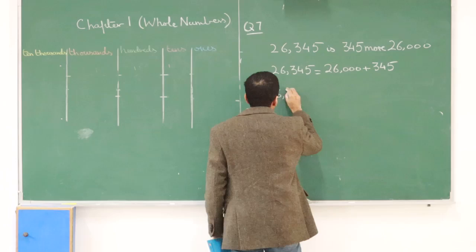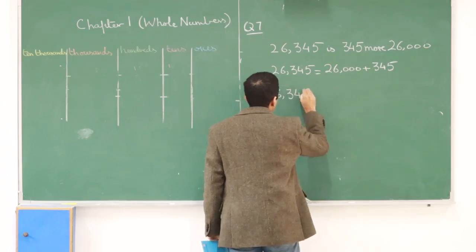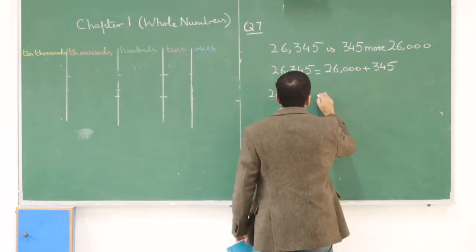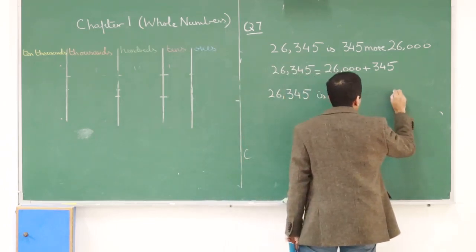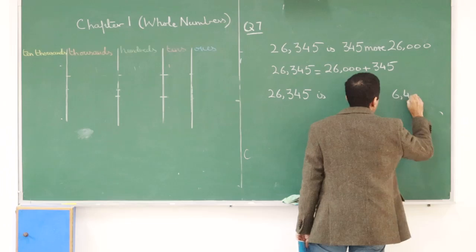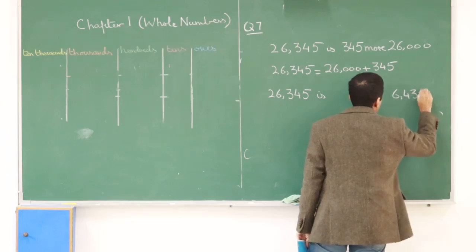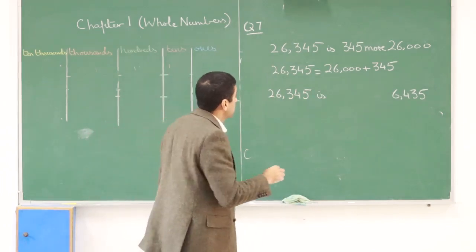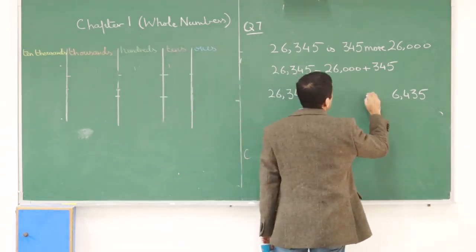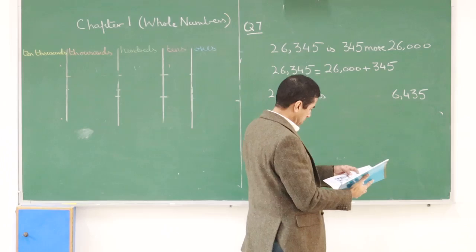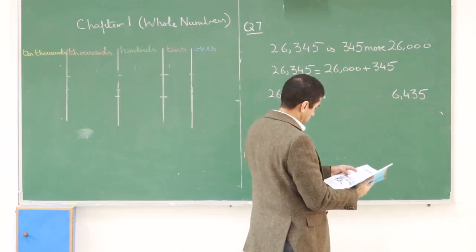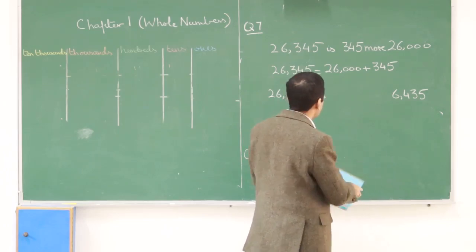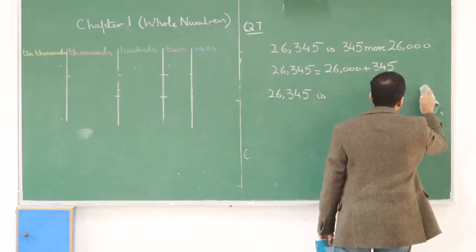26,345 is something more as compared to 6,345. How much more? The question is different. 26,345 is 345, no, sorry, yeah, I made a mistake.